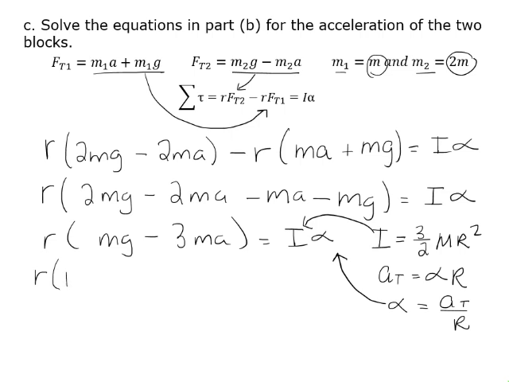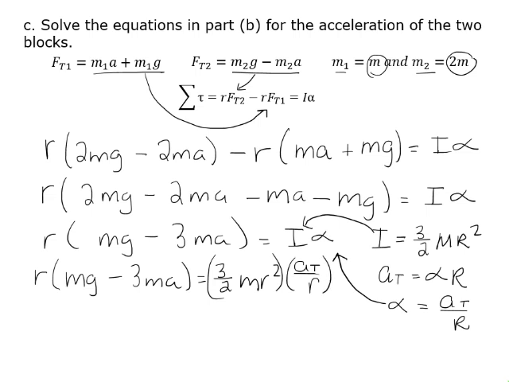So we'll have radius times mass times gravity minus 3 times mass times acceleration is equal to 3/2 mass times radius squared times acceleration over r. Connecting everything again, we get r times mg minus 3 mass times acceleration is equal to 3/2 times mr squared acceleration over r.